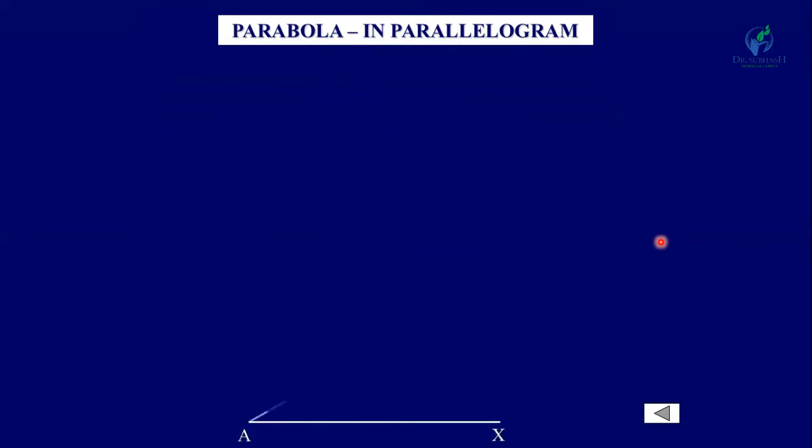Now let us see another method. It is known as parabola in parallelogram. This method is similar to the rectangle method, but the difference is that in this case you have to draw the parallelogram as per the given included angle.